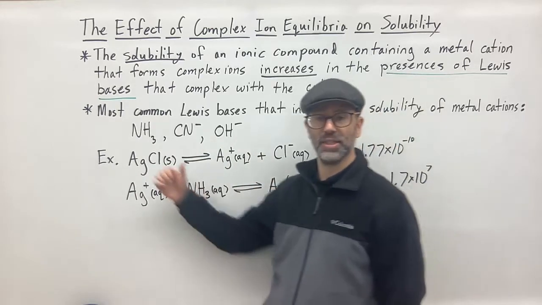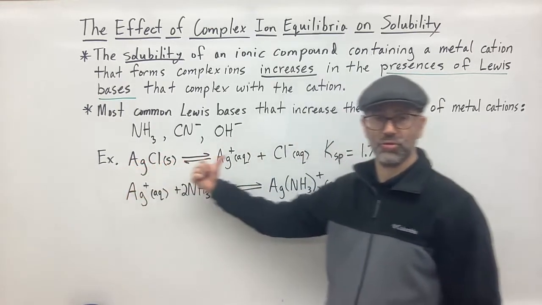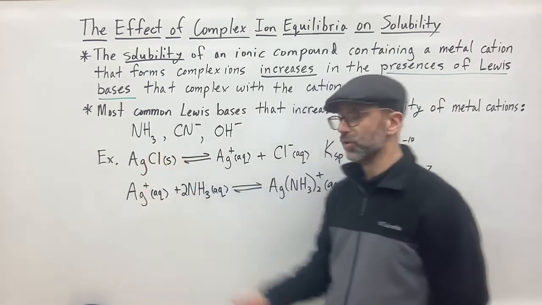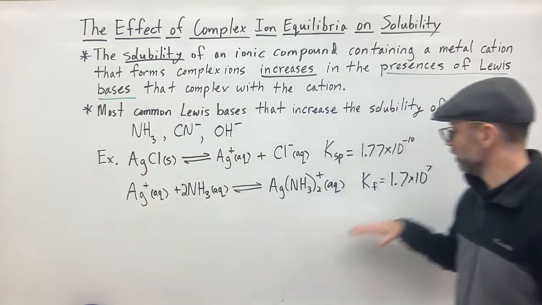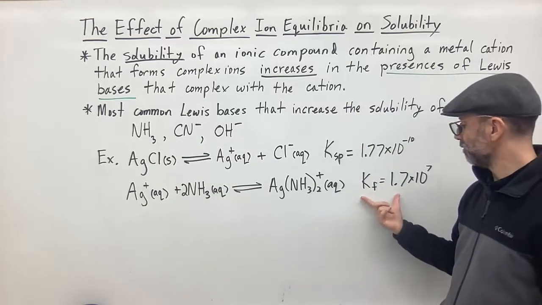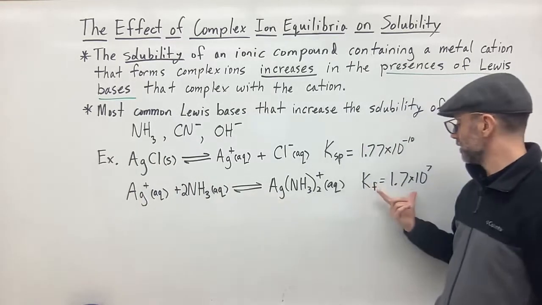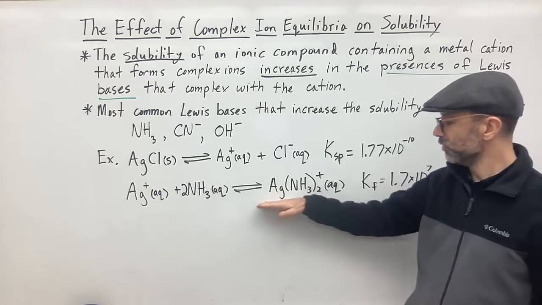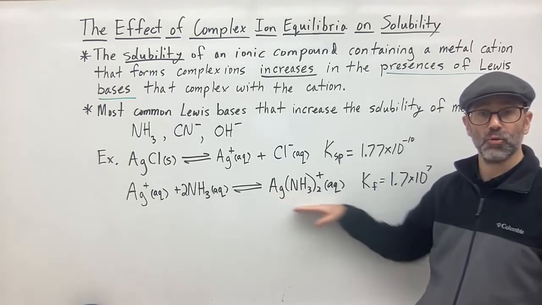So it's going to be driven towards the right, and so more of your salt will dissolve. This is an example, and you can see here that the Kf for this process is very, very, very high, so this is going to form very readily.